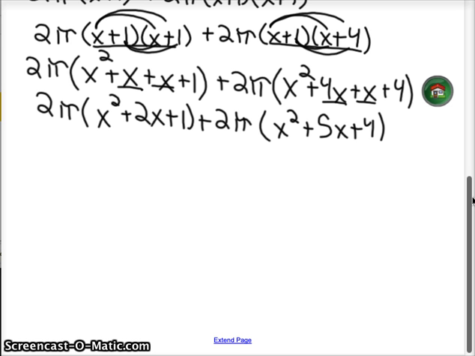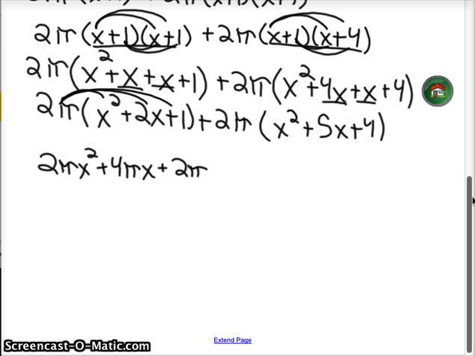So I'm going to take this 2 pi, multiply it to my x squared. So I'm going to have 2 pi x squared. I'm going to take that 2 pi, multiply it to my 2x. Well, 2 times 2 gives me 4. So now I have 4 pi and x. 2 pi times 1 just gives me 2 pi.